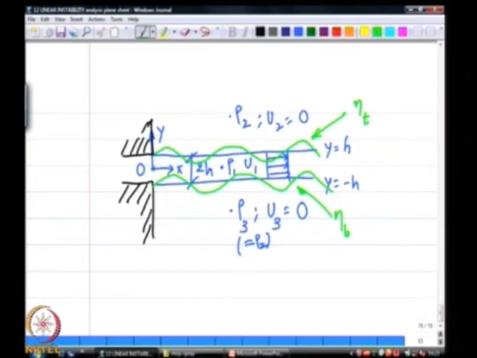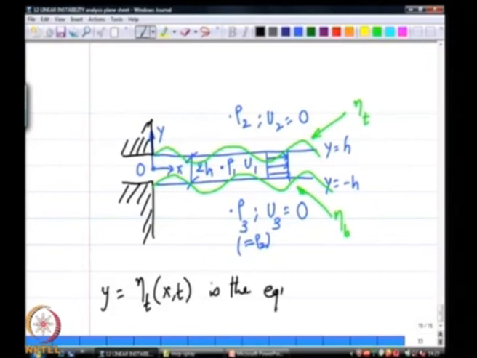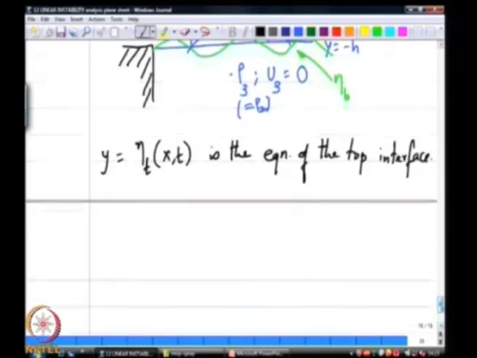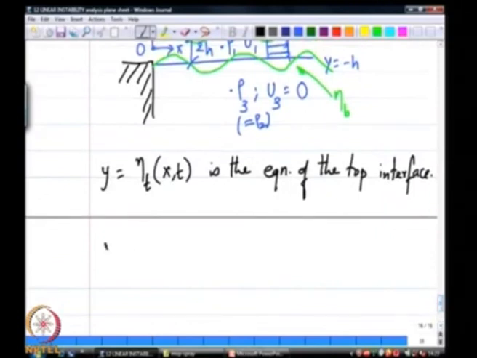Okay, if I write the form of eta t and eta b, so essentially y equals eta t of x comma t is the equation determining the shape of the top interface, and y equals eta b of x comma t the bottom interface.